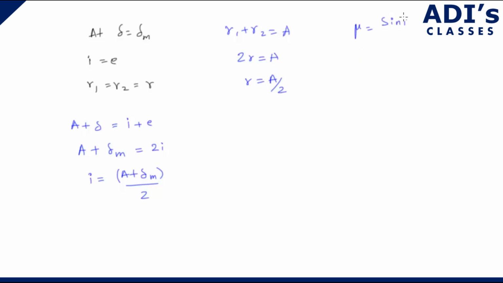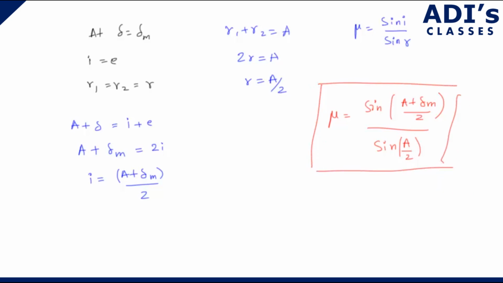Now what is the formula for mu? We have mu is equal to sine of I divided by sine of R. So substitute the I and R values. Once you do that, we get mu is equal to sine of (A plus delta M) by 2 divided by sine of A by 2.